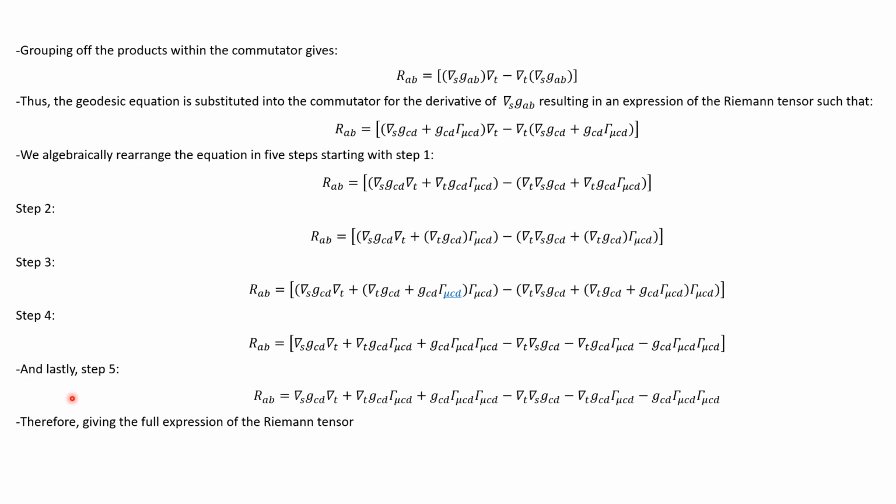And lastly, step 5, we end up with this expression of the Riemann tensor. And if you go back and pause it, you can track every operation and distribution that we did while we implemented the geodesic equation on each derivative, which we saw before.